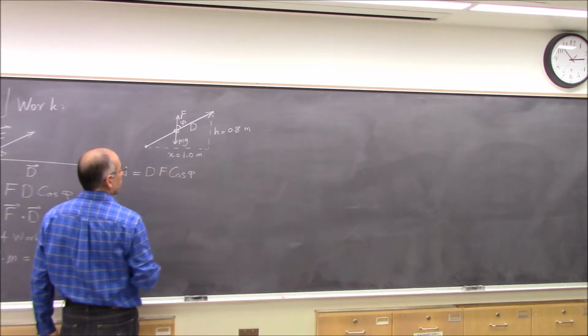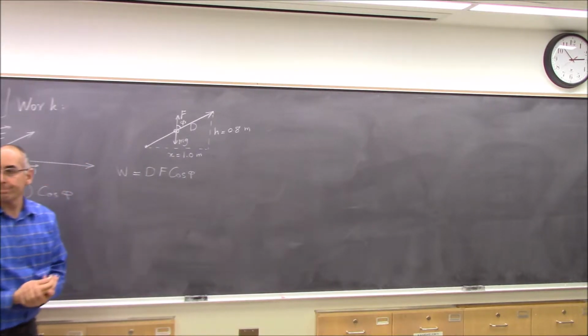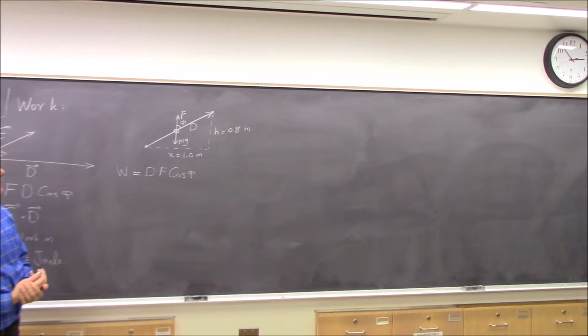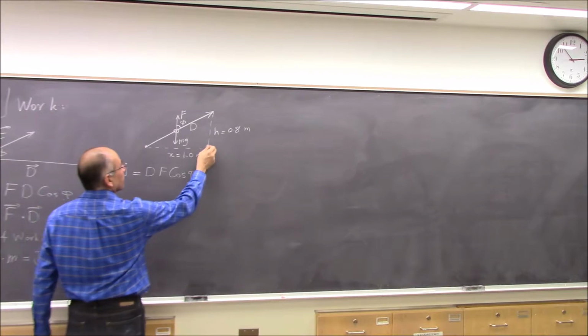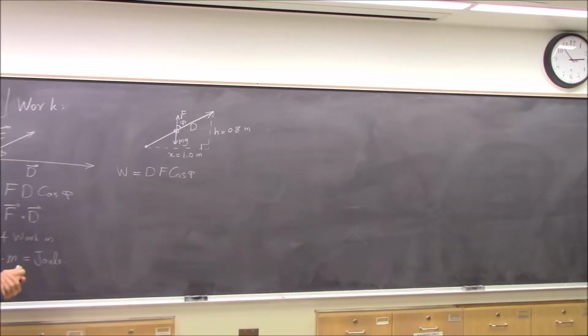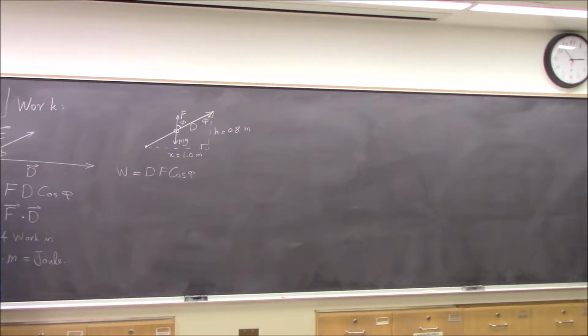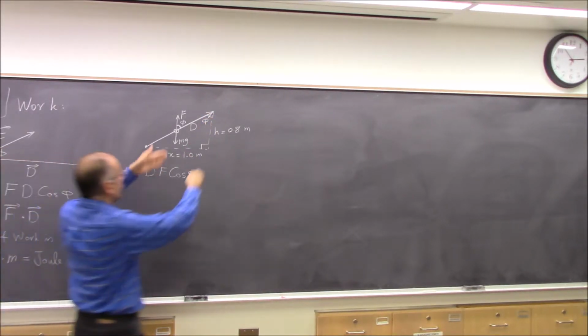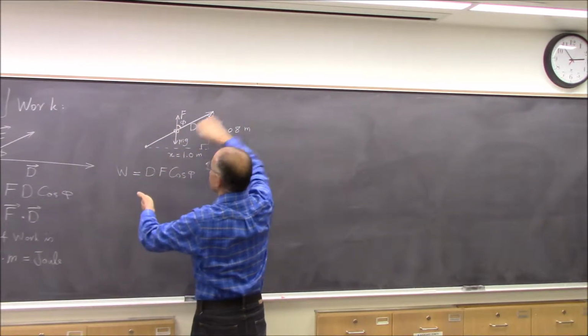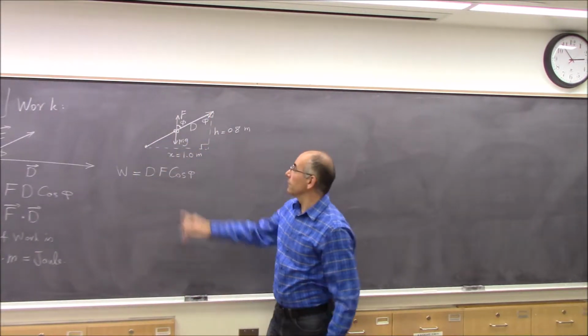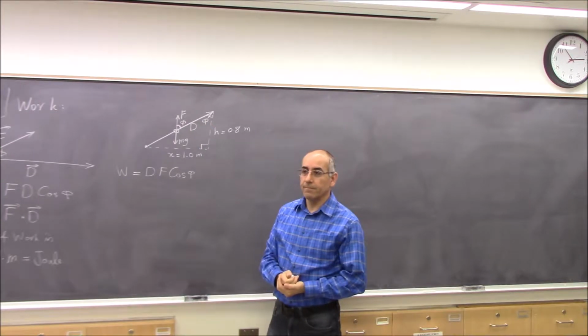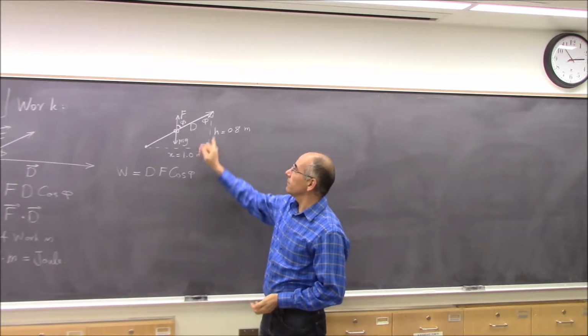But what is cosine of phi? You see, if you look at this angle, 90 degrees minus theta, this is also phi, right? There are two parallel lines here, and a line crossing them, so this angle and this angle are the same. What is cosine of phi in this triangle?